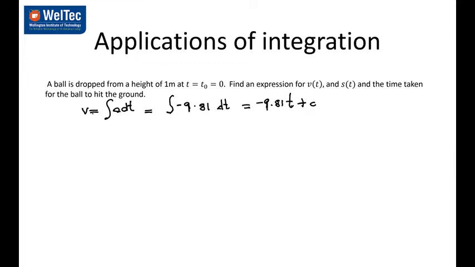But let's look. When time is 0, what's the initial velocity? When time is 0, we are dropping this stone. We're not throwing it, we are dropping it. So its initial velocity is 0 as well. That means that c must be 0.